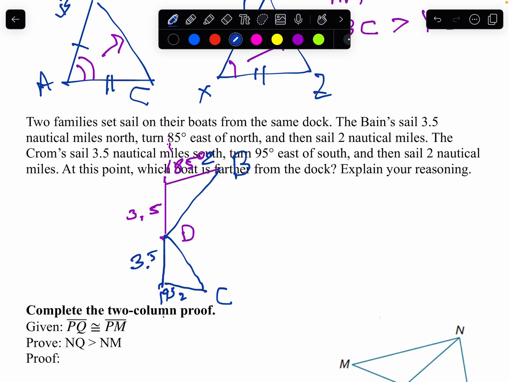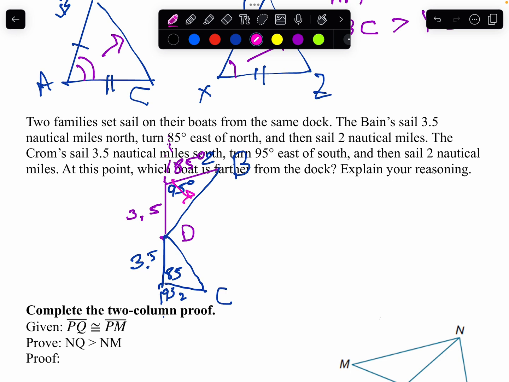So if I take 180 minus 85, this is 95 degrees. And if I take 180 minus 95, that's 85 degrees. So the person who's further away, notice 95 is bigger than 85.